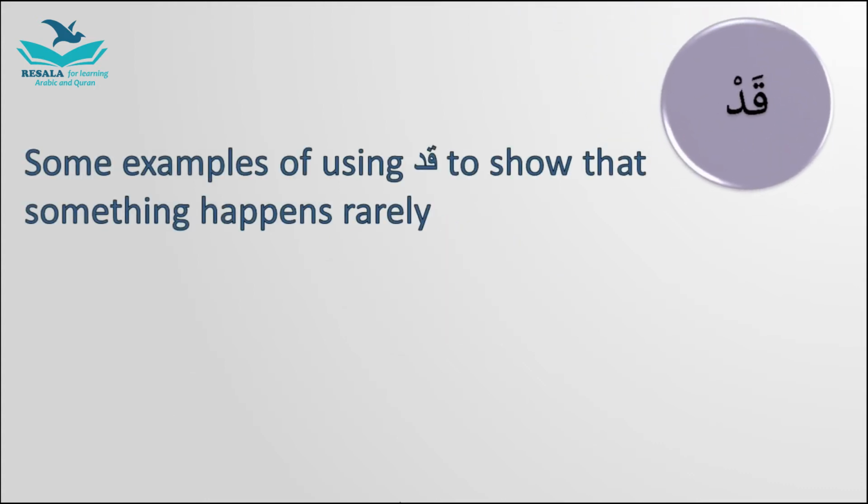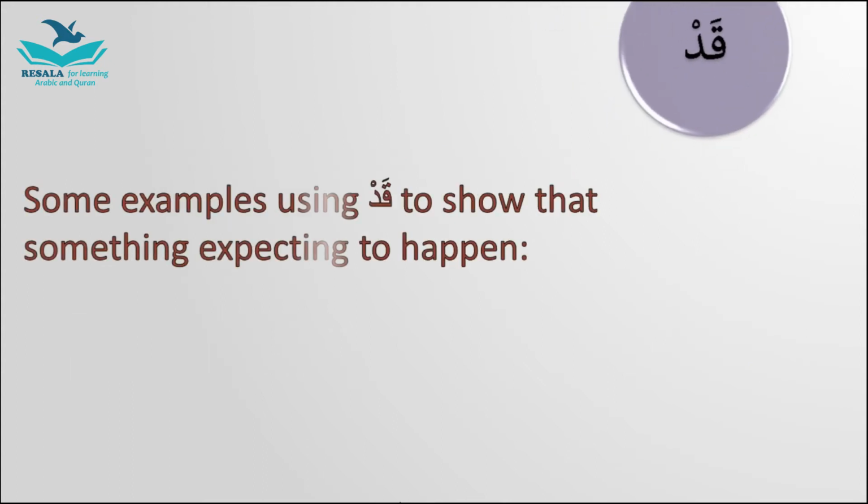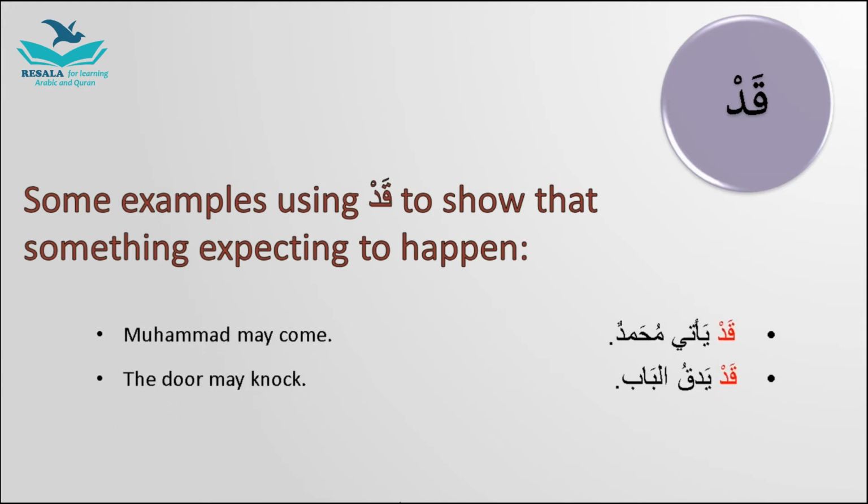Some examples of when قد is used to show that something happens rarely: قد يصدق الكذوب، قد يجود البخيل، قد ينجح البليد. Some examples using قد to show that something is expected to happen: قد يأتي محمد، قد يدق الباب.